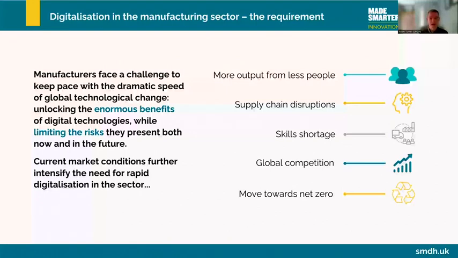There's obviously a race around price pressures, alongside this essence of global competition as well. Now, coupled all of these things together, you've got an overriding long-term goal to move towards net zero. And all of these pressures are facing manufacturers up and down the UK. And certainly that is still very much true for food and drink organisations as well. Next, please.